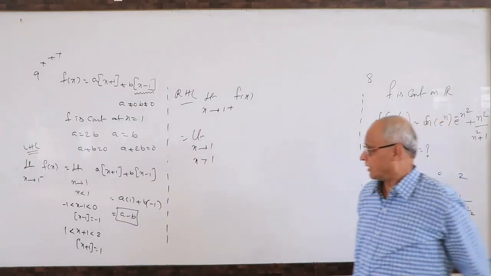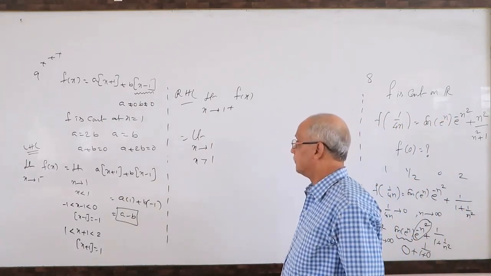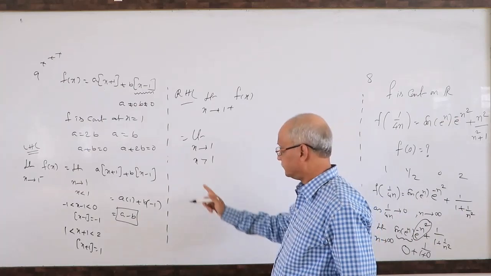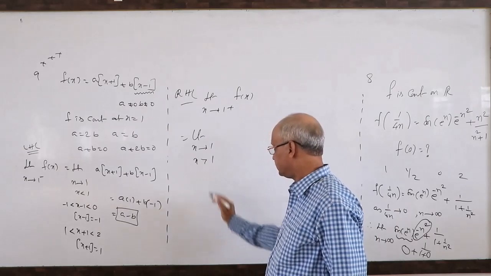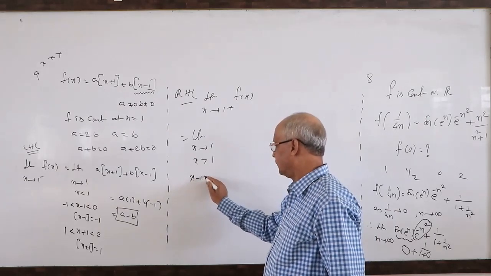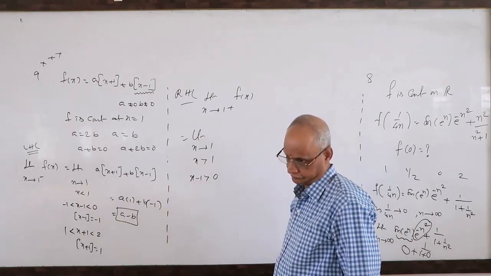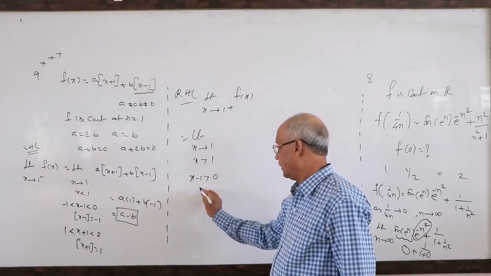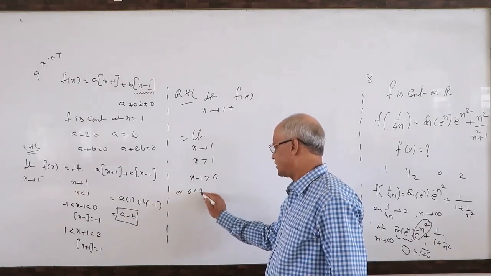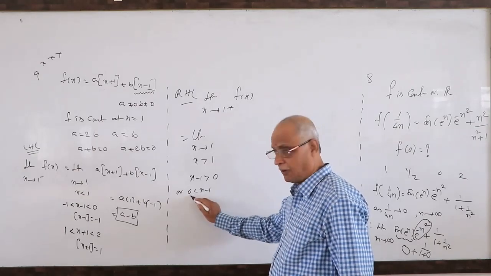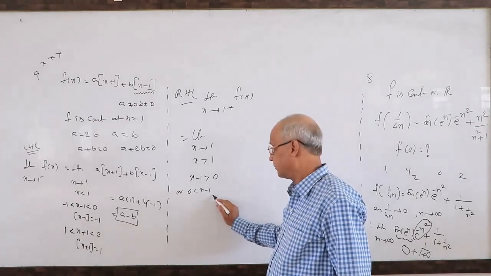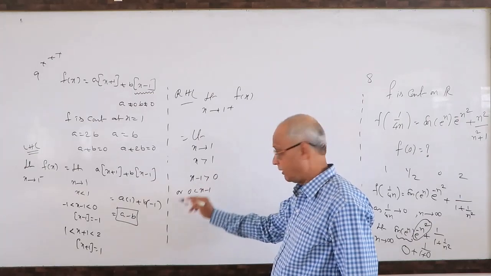When x is greater than 1, what is x minus 1? 1 minus 1, or 0 less than x minus 1. The left number is important, not the right side integer, because the greatest integer function is for the left side value.